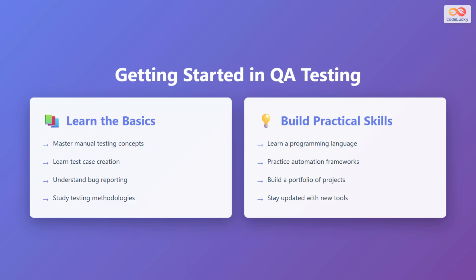Create a portfolio of testing projects to showcase your abilities. Stay updated with new testing tools and industry trends. Remember, QA is a hands-on field, so practical experience is just as important as theoretical knowledge. Start with manual testing, gradually move into automation, and continuously improve your technical abilities.